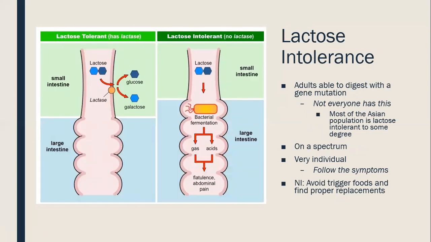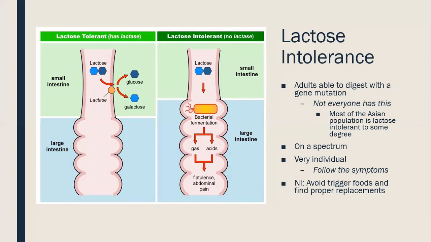Next, we see lactose intolerance, and this manifests because adults were not naturally intended to be able to digest milk, or at least one of the sugars in milk, lactose. And this was because we didn't genetically require the ability to digest lactose past the age of 2 or 3.